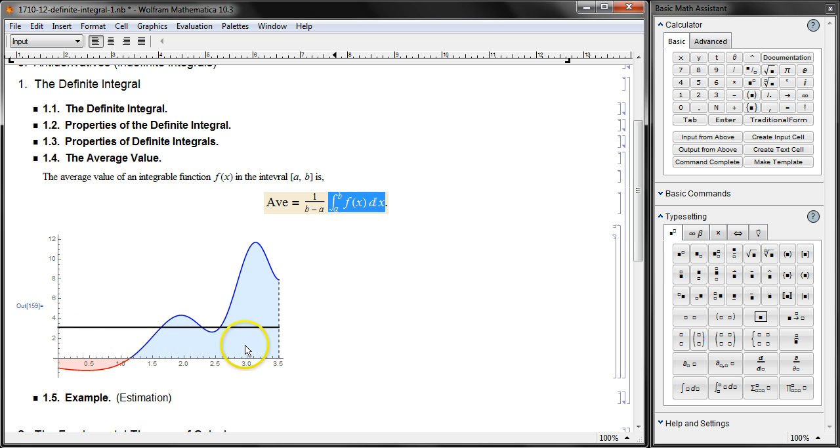The area underneath this black line, this area of this rectangle where I'm running my mouse around, is the same as the signed area of this entire integral. Now the blue part is bigger, so this average is positive, so we have something like this. But if the red part had been bigger, then the black line would go down below, and then the average would be negative.